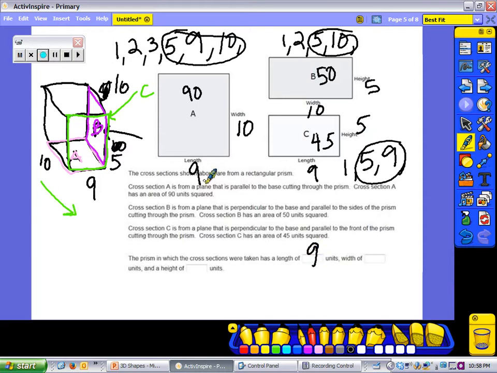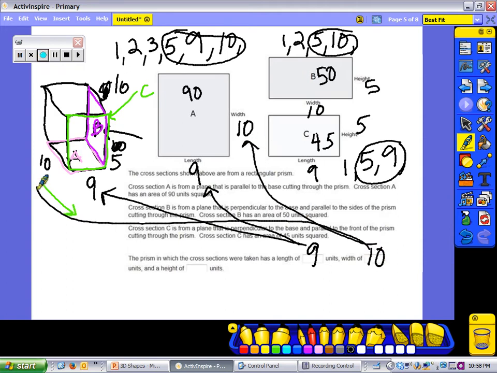The length, I'm looking at that here and here. The width is going to be 10, and we see that here, and then we also see it over here. And then the height is going to be 5. So my rectangular prism is not drawn properly, but that's okay.